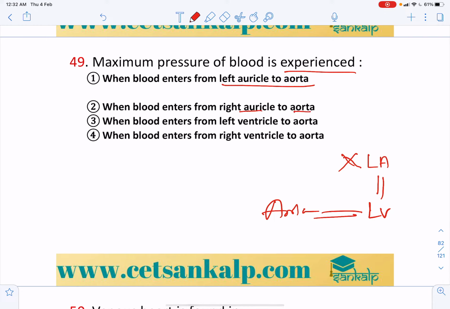Right auricle to aorta will not take place. When blood enters from left ventricle to aorta, there will be maximum pressure, the systolic pressure, 120 mm Hg. So we can select that option.